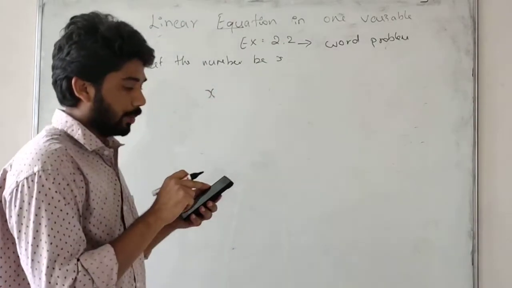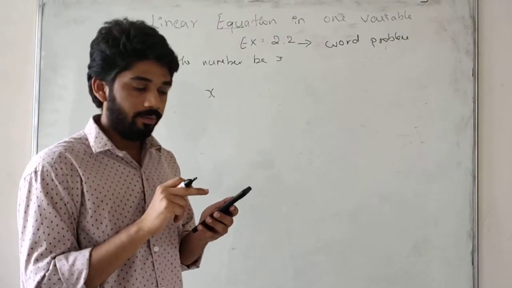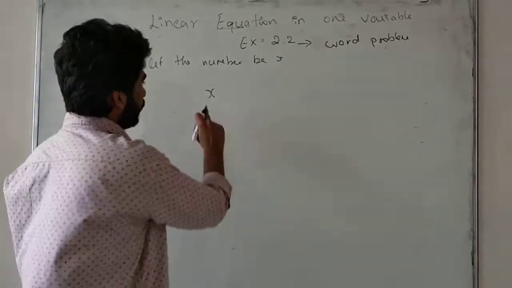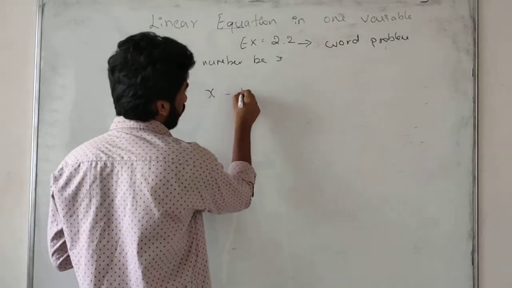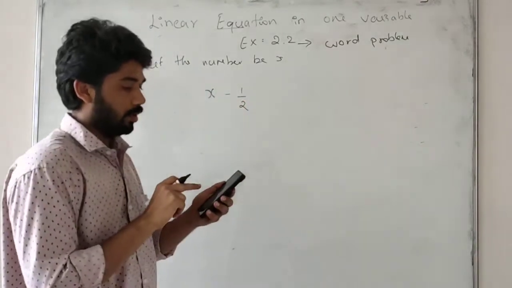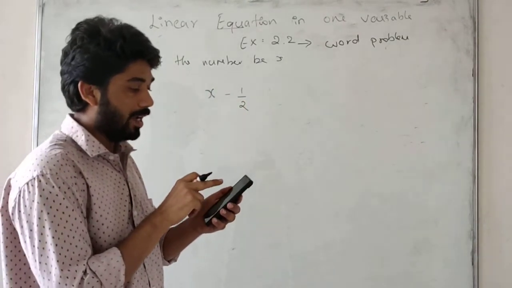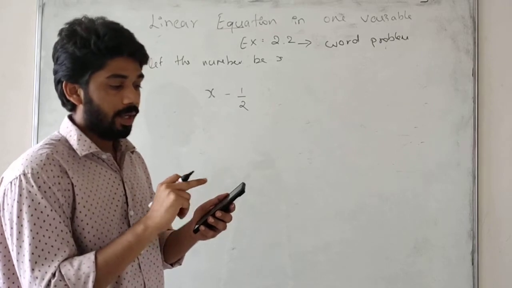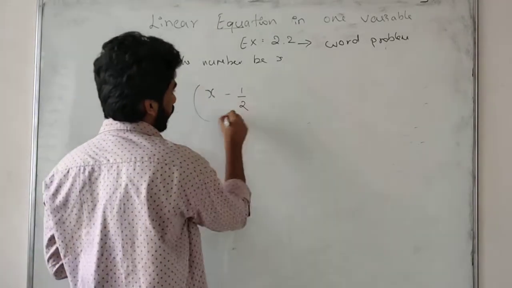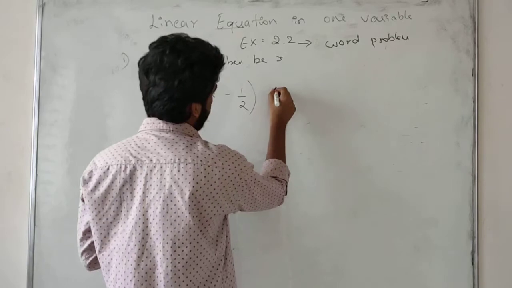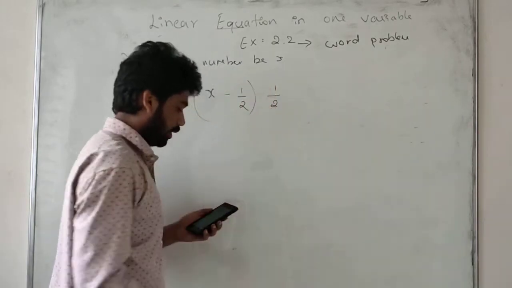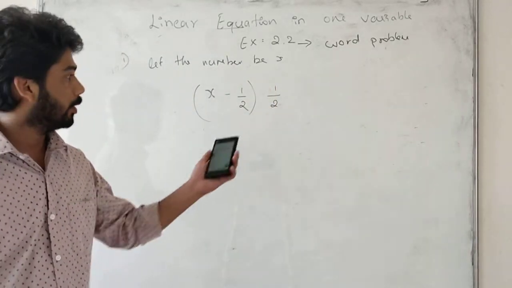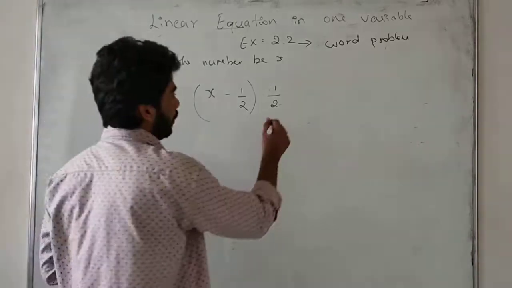Let the number be x. If you subtract 1 by 2 from a number, and this result is multiplied by 1 by 2, you get 1 by 8.